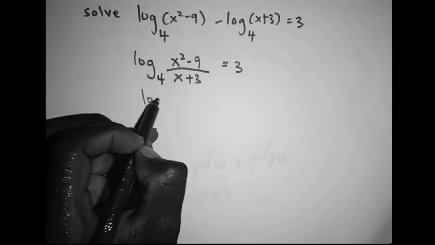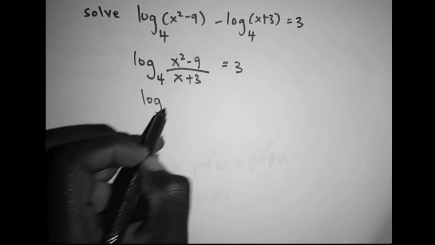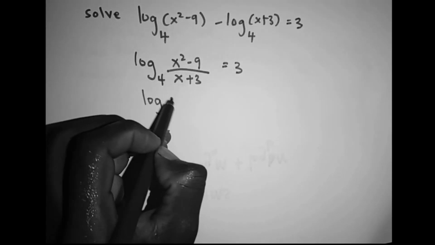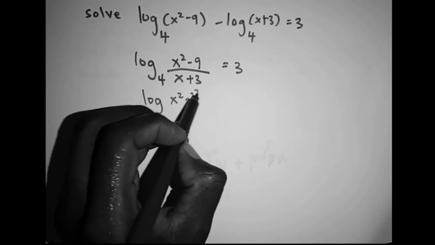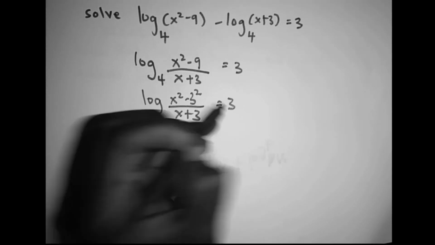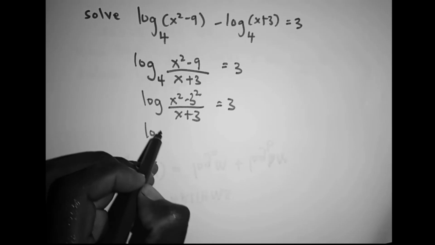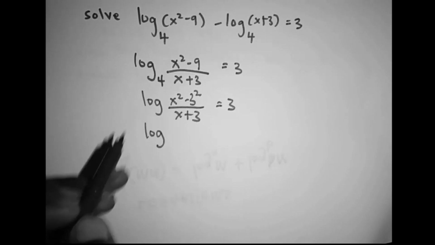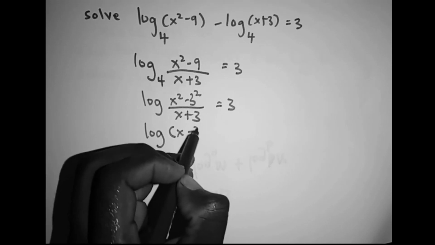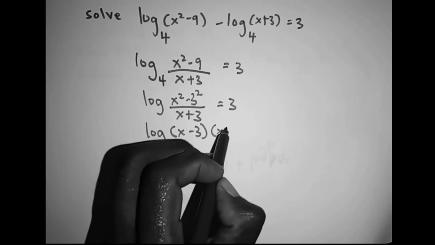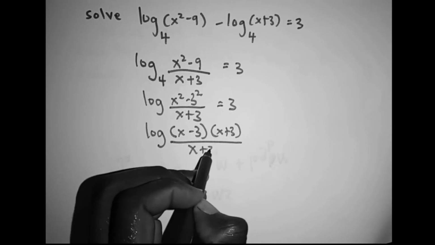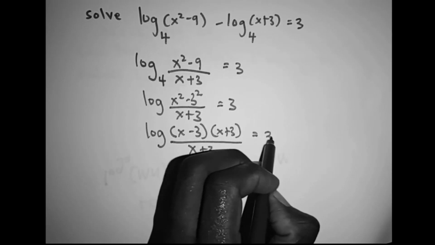Now 9 can also be written as 3 squared. So it becomes (x squared minus 3 squared) divided by (x plus 3) equals 3. X squared minus 3 squared is a difference of 2 squares, and that becomes (x minus 3)(x plus 3) divided by (x plus 3) is equal to 3.